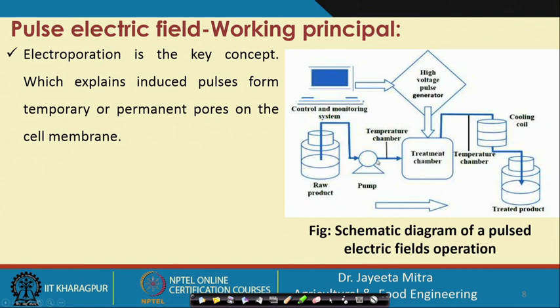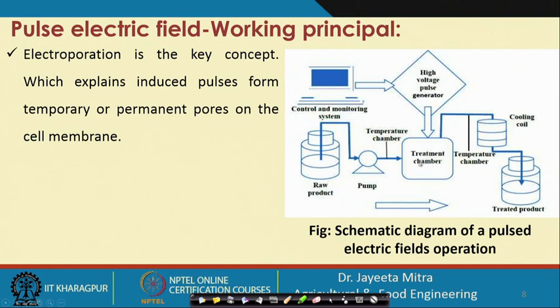Okay. And there is a temperature chamber as well before the treatment chamber, because if we need to increase the temperature a bit for the proper functioning of this method, we can do that before entering the chamber. And the high voltage pulse generator is attached to the chamber.